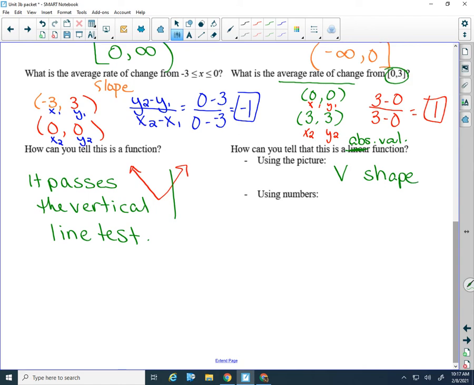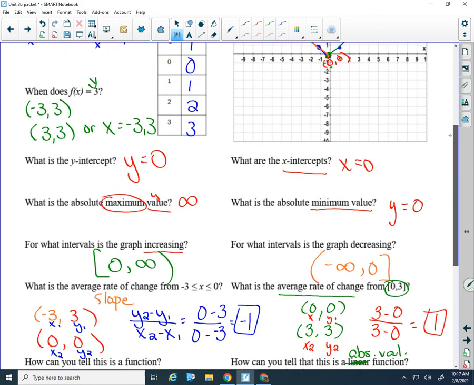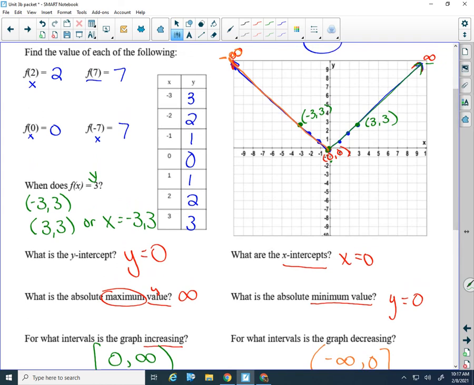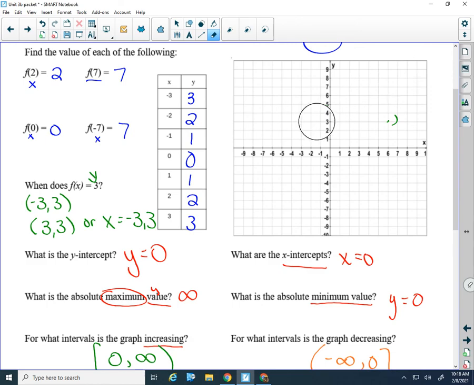That's the quickest way. Now, if we look at the numbers, that means the table. Because sometimes on a Regents exam, they won't give you a picture. They won't give you a graph, they'll just give you tables. Without having this picture at all, just looking at the table over here, you can tell this is an absolute value.